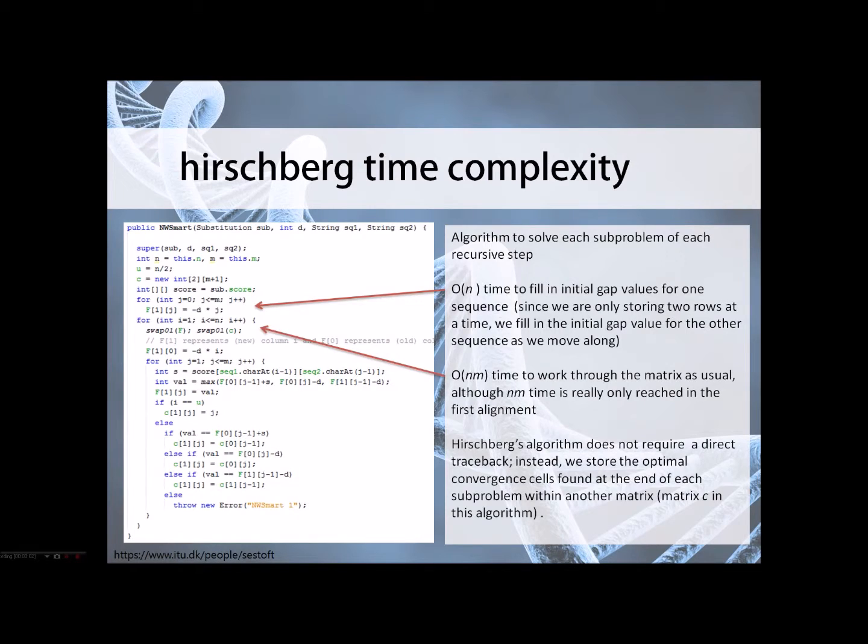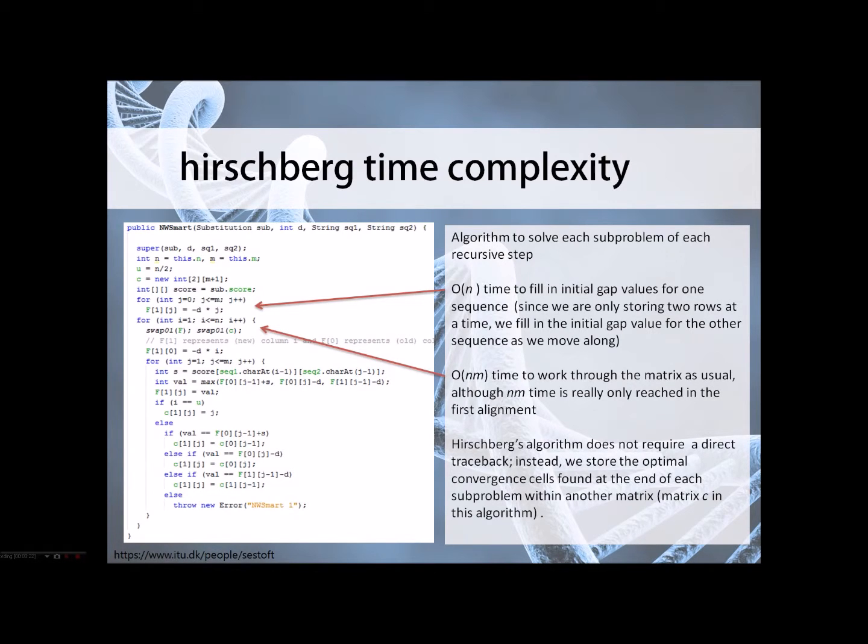So this is the algorithm to solve each subproblem of each recursive step. The recursive part of the algorithm is shown in a bit. Like the NW algorithm, it still needs to initialize the gap row, but because we are traversing the columns one by one with a 2-row array, we cannot fill out the gap column beforehand.